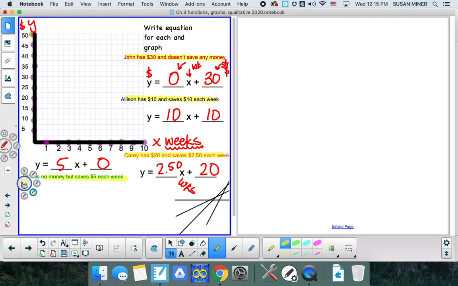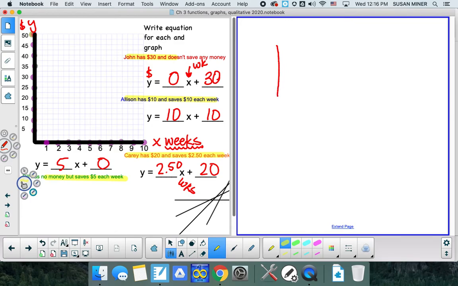So when you start looking at this equation, I want you to tell yourself what each part of this equation is saying to you, right? What does each piece of this equation represent? That's what we want to get good at. So x is my number of weeks. y is my number of dollars, total dollars saved. So now I've got to be able to graph these.